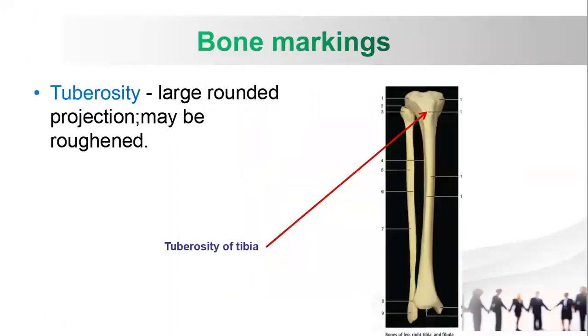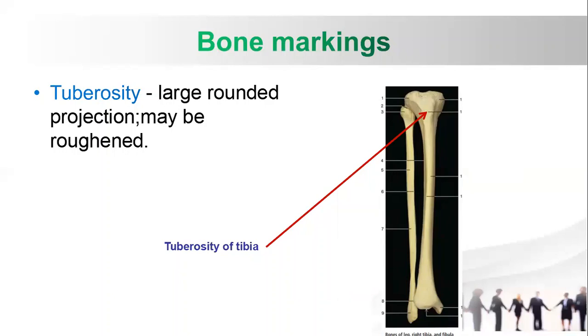As stated earlier, we move ahead to bone markings. Bone markings are where we find the grooves, basins, and some slits where nerves, tendons and ligaments can anchor. First of all, we'll start off with the tuberosity, which is a large rounded projection and may be roughened.